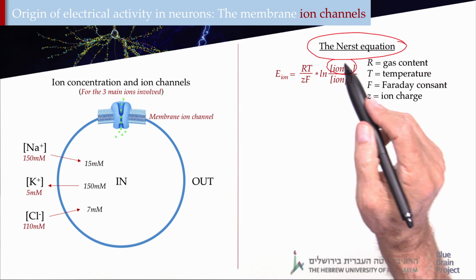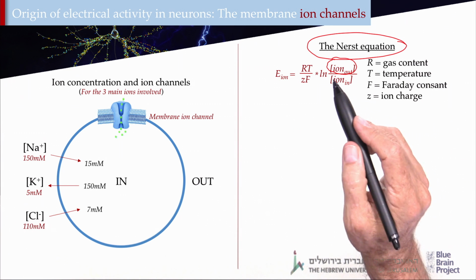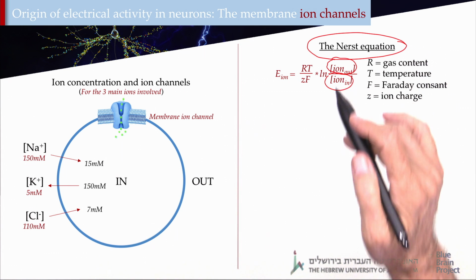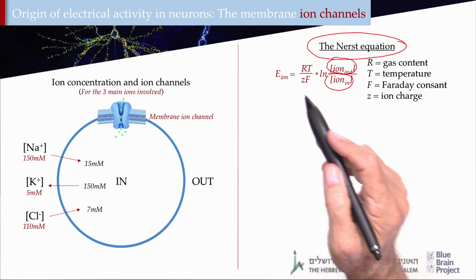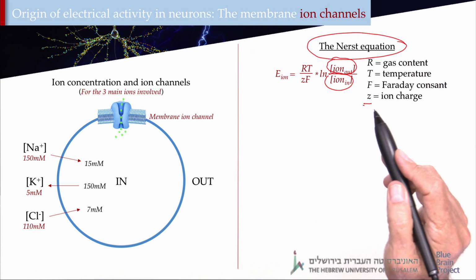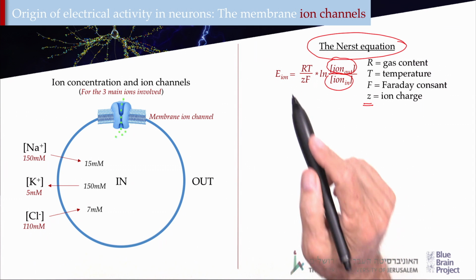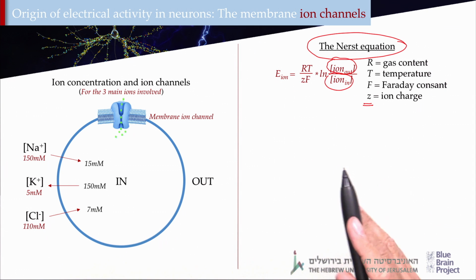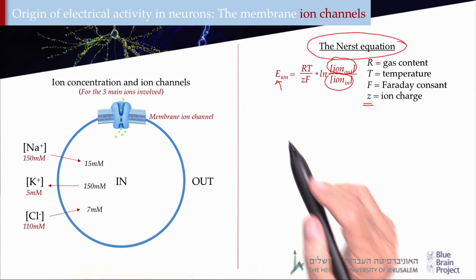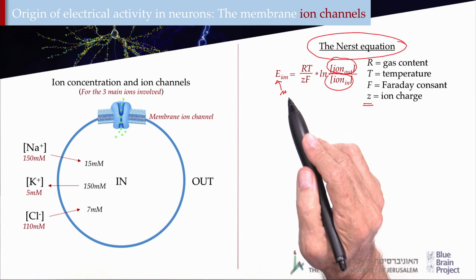So this is the concentration of the ion, let's say potassium, in the outside or potassium in the inside. And according to the Nernst equation, these gradients, with some constants here that you can see defined, these constants will give you voltage here. So this is the battery in units of volts or millivolts.